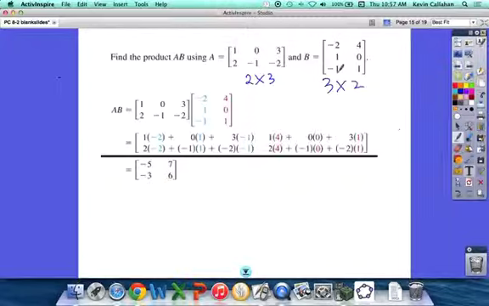So when you multiply matrices, what has to be equal are these two numbers. As long as those two are the same, the number of columns in the first matrix matches the number of rows in the second matrix, then you can do the math. If those don't match, then it doesn't exist. So these must match.